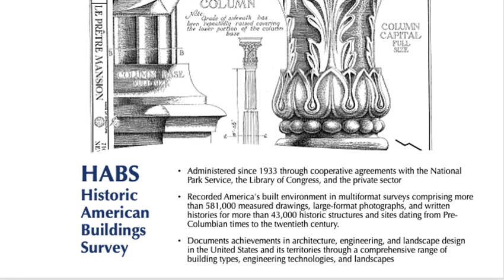Using multi-format surveys, more than 581,000 measured drawings have been created of over 43,000 historic structures across the country. And so this is a really important source of information about historic buildings, and often we can look to that not only as a model for how to document a building, but also for information about many buildings, documentation that's already been done.